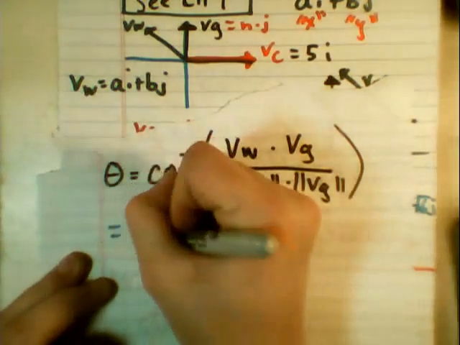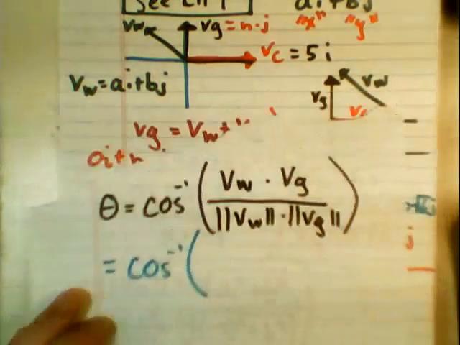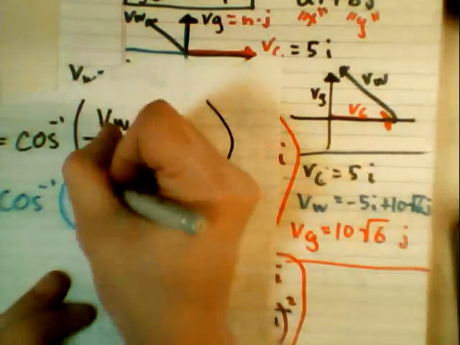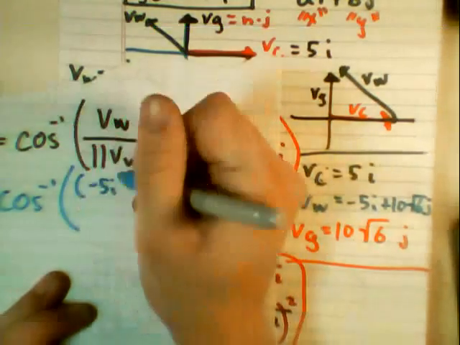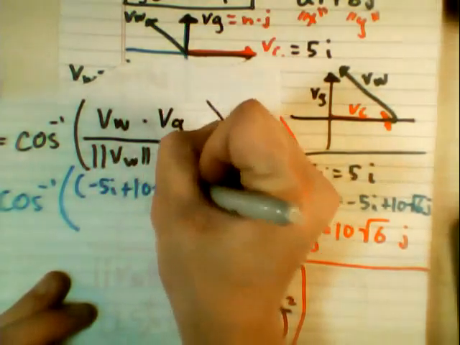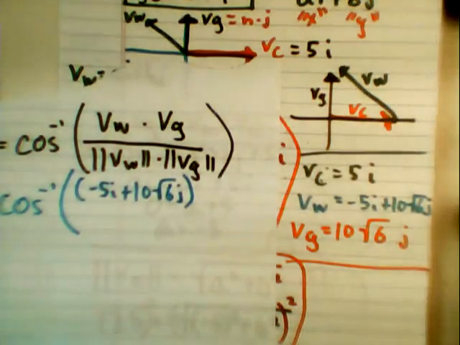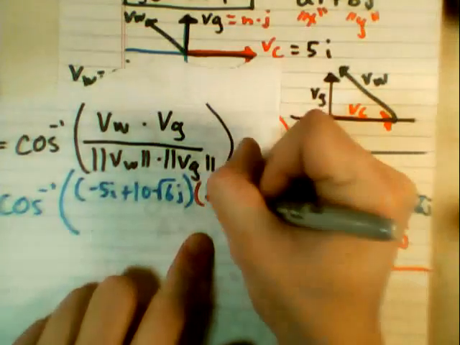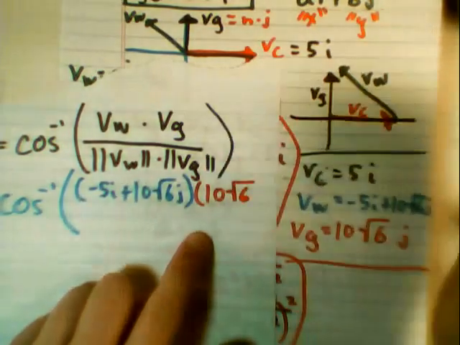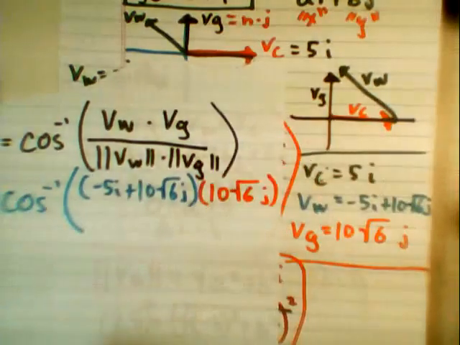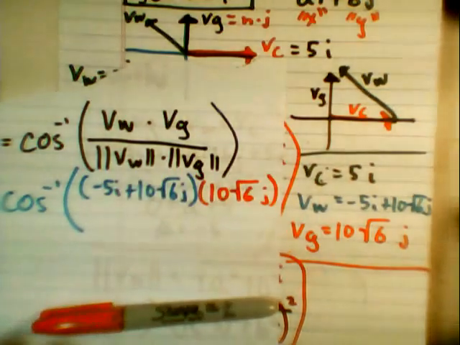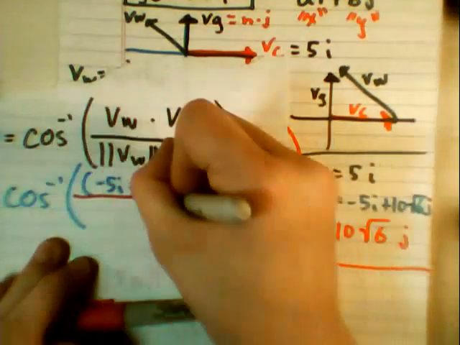Let's plug the vectors in and the magnitudes in. So we have cos inverse. VW was negative 5I plus 10 square root 6J. And VG was 10 square root 6J. Okay. And then our magnitudes.